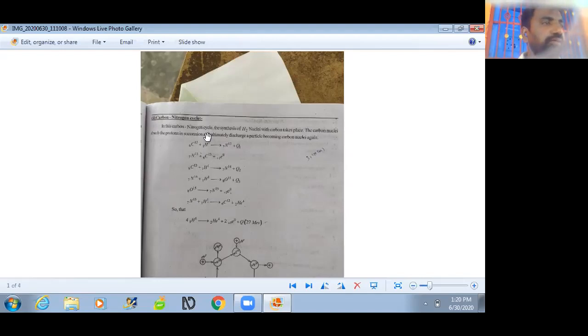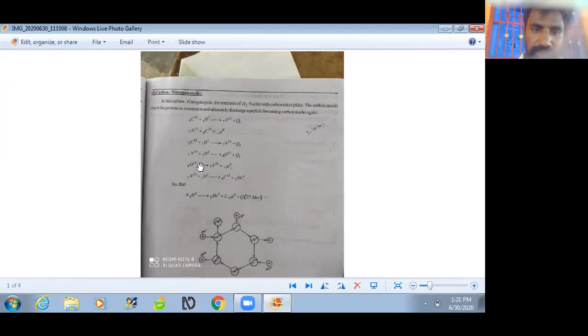So finally we have one relation: 4 1H1, meaning 4 protons, become 2He4, meaning 1 alpha particle, plus 2 positrons also released. Finally 26 MeV energy is also released. I have drawn a block diagram of the carbon-nitrogen cycle.